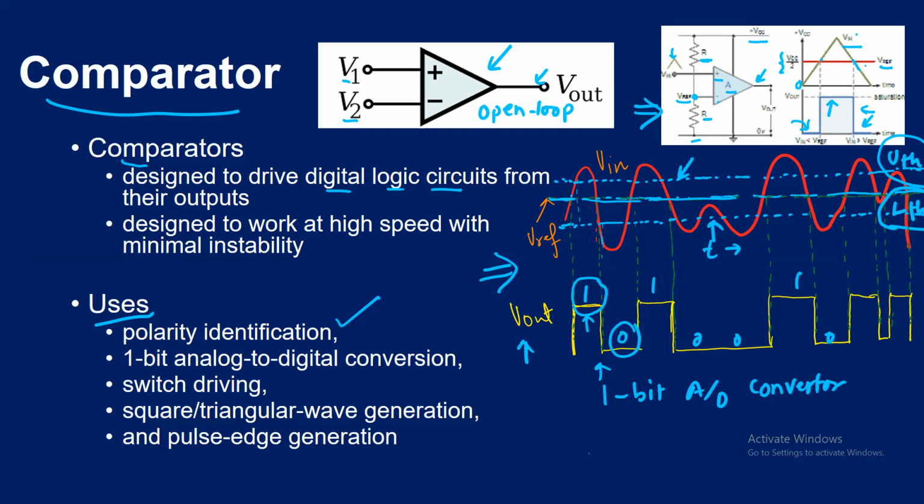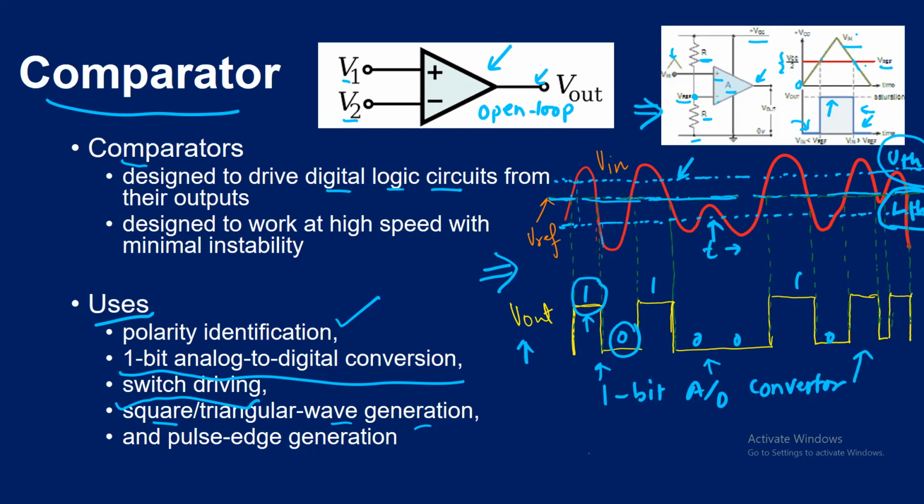As I said, the comparator can be used as a 1-bit analog to digital converter. You have an input waveform that is being converted to digital, so you always get 1-bit data. You can use it for switch driving. You can use it for square to triangular wave generation, like we are getting a square wave in the output.